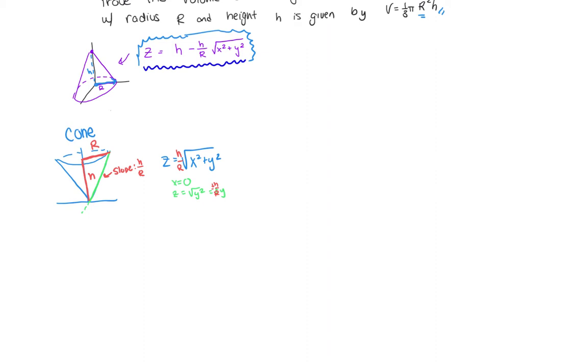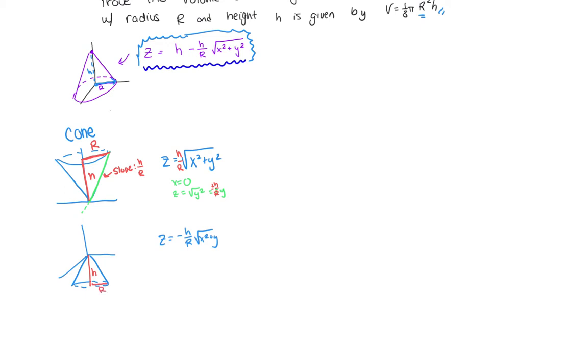Now it's going to be easier for us to do this as a downward facing cone instead of an upward facing cone, so I'm going to take that and put a negative in. That'll send it down to be an upside down cone instead of a right side up cone, but I'm still going to have that appropriate slope so that when I cut it off at a height of h, I will have a radius of r.